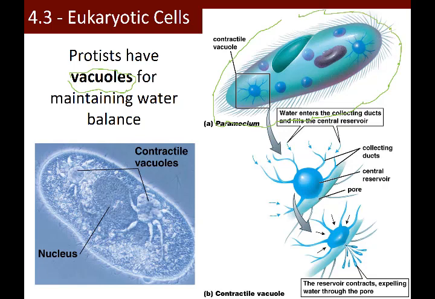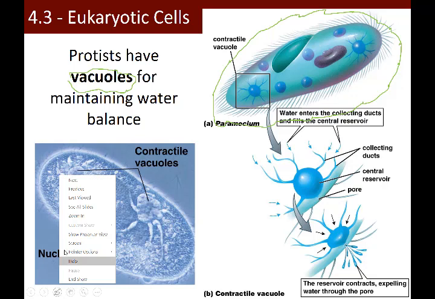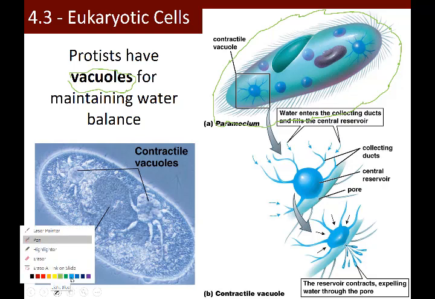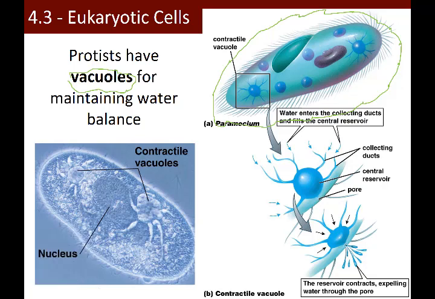And we'll talk again later in this chapter about why, but this individual organism is constantly taking on water from the surrounding environment. And because of that, it has to have a way to get rid of that water quickly in order to control its body and prevent its plasma membrane from bursting.